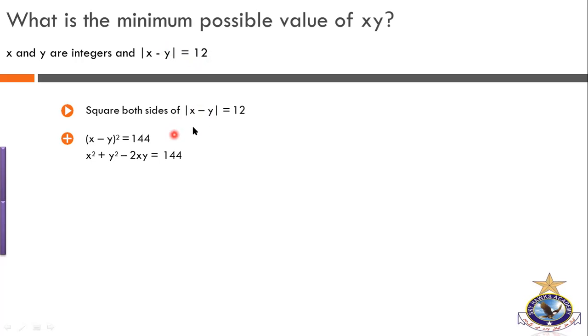The first step is to get rid of these two lines, the absolute values. What I am going to do is take the square on both sides. When we square both sides, we have the formula x squared plus y squared minus 2xy is equal to 144.